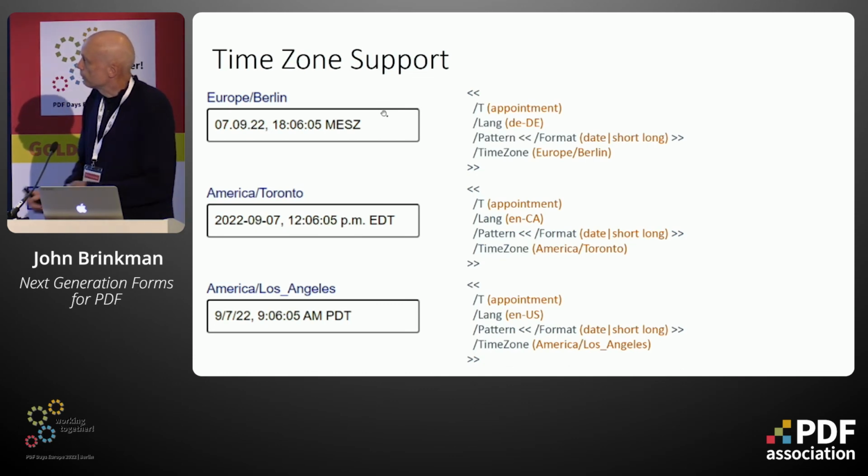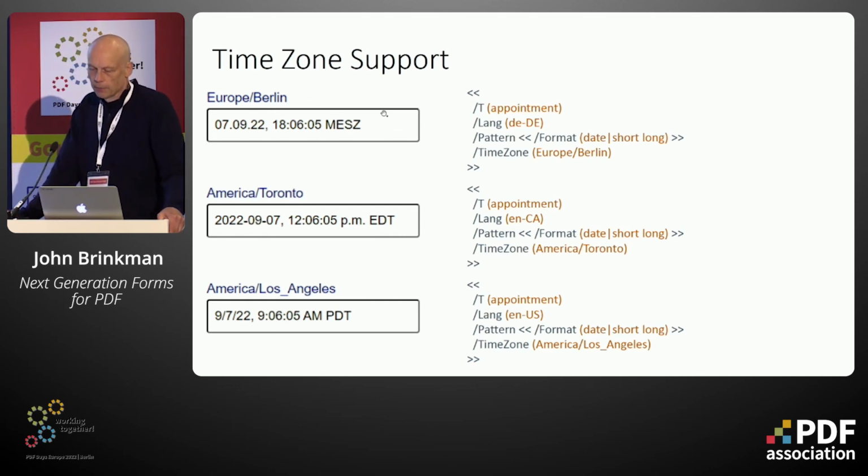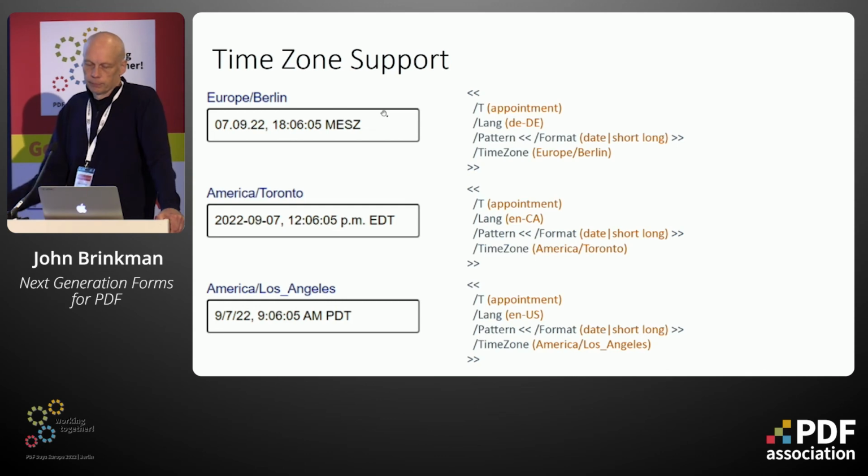So these are 3 fields with the same value, in 3 different languages or locales, and in 3 different time zones. And so what you get is the time values displayed in the time zone and in the language of the user as they would expect in each of those locations.